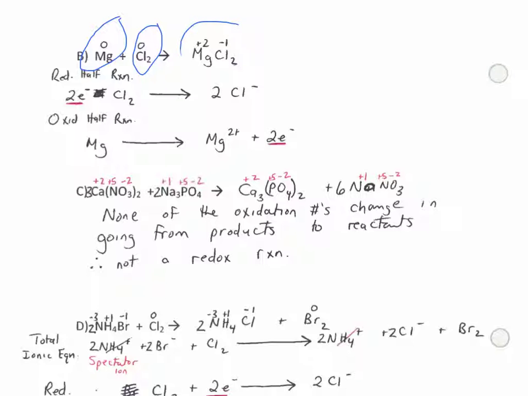But now in this compound, we have magnesium having the oxidation state of +2 and chlorine having the oxidation state of -1. And that kind of makes sense in that if we connect to the electronegativity values, chlorine is the more electronegative element. It's going to be gaining the charge there. It'll have the negative oxidation number.